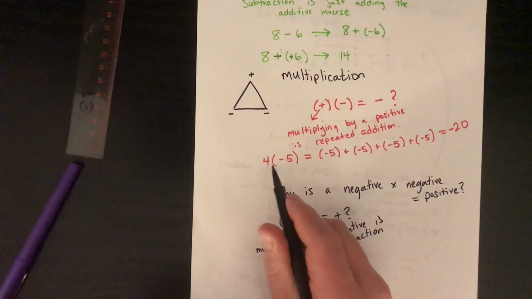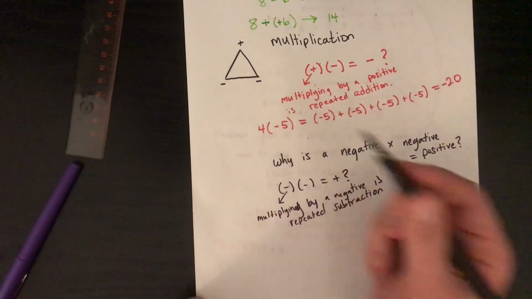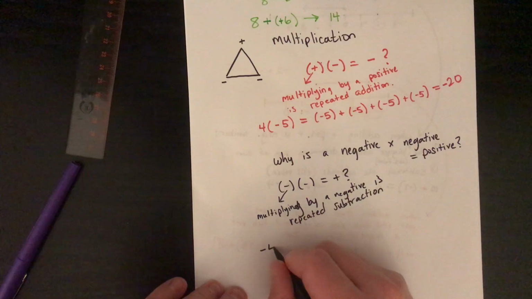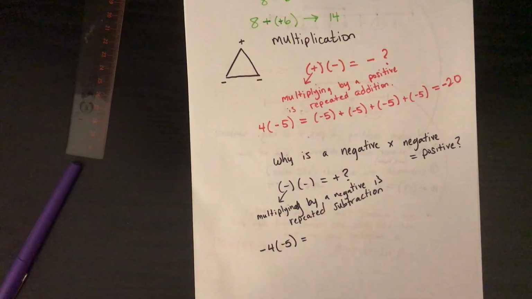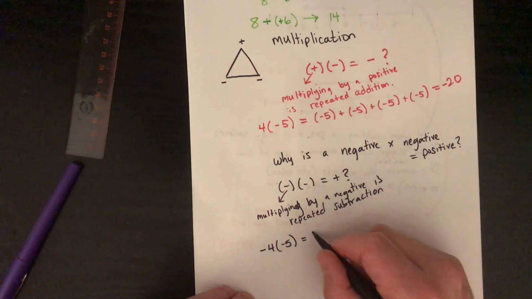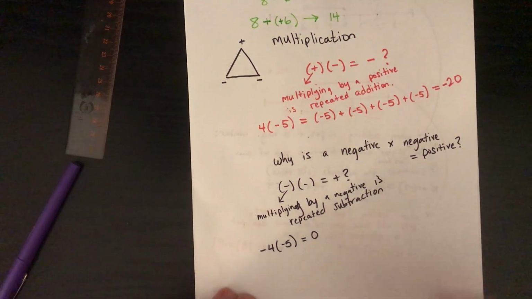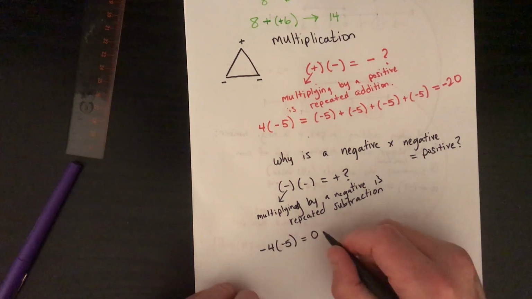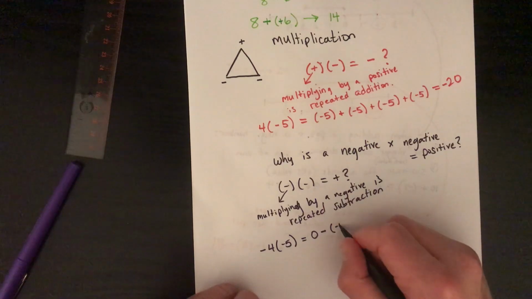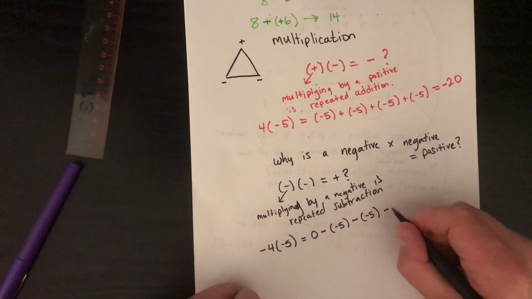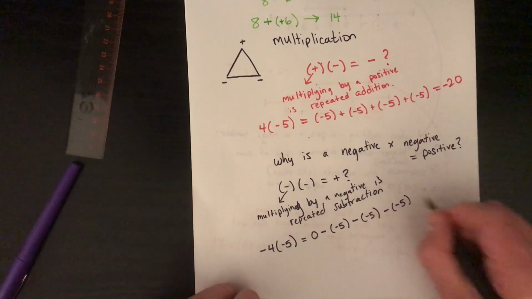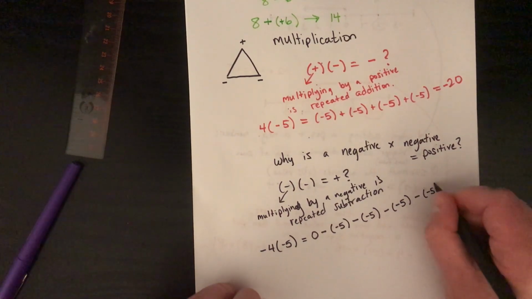And so what if we took this exact same question up here, 4 times -5, but turned it into -4 times -5? And so if we're doing repeated subtraction, well, when you're doing subtraction, you've got to start from somewhere, right? We always start from 0. So let's start from 0 and then repeatedly subtract -5 4 times. So minus -5, minus -5, minus -5, minus -5.